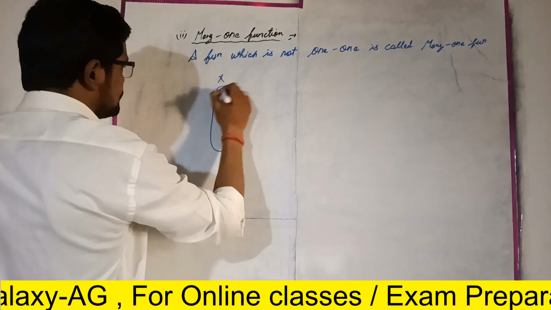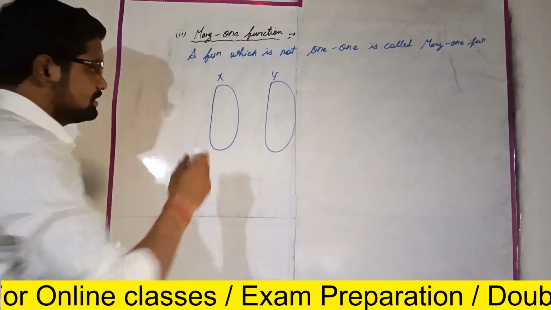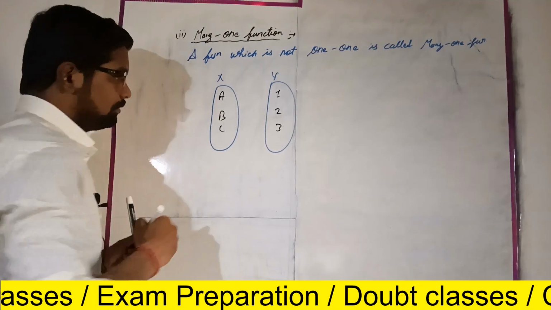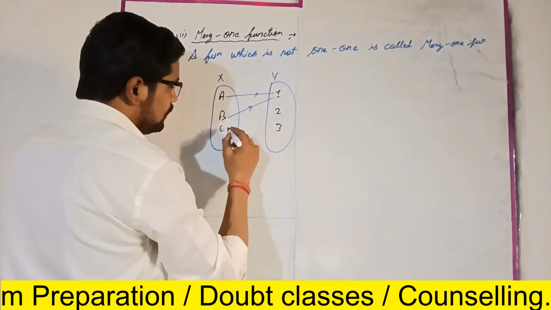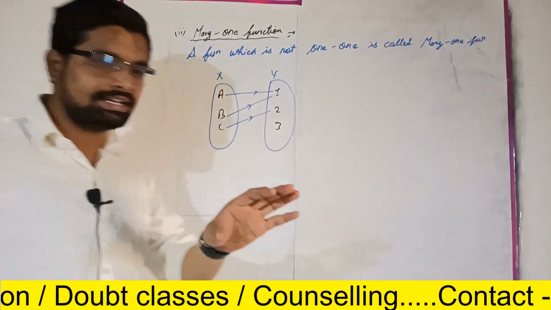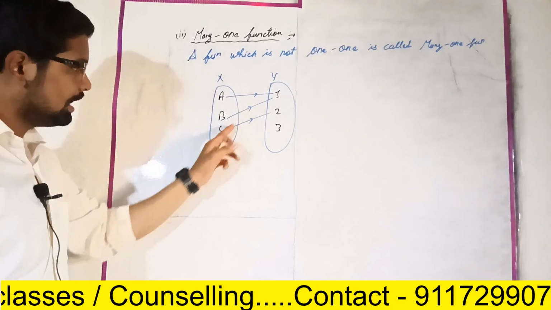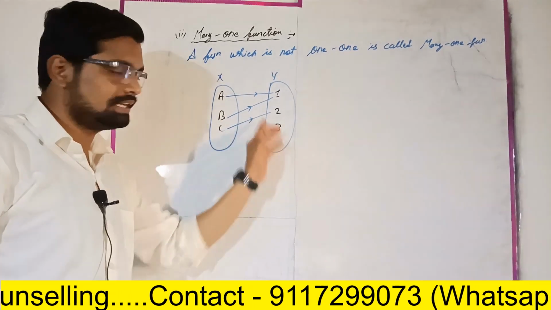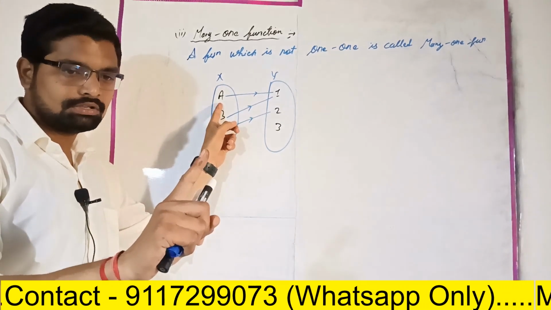Suppose there is a set X and a set Y. The set X has elements a, b, c, and here 1, 2, 3. The image for a is 1, for b is also 1, and for c it is 2. Now first let's check whether it is a function or not. Every element of the first set has a unique image in set B. Element a has only one image, that is 1.